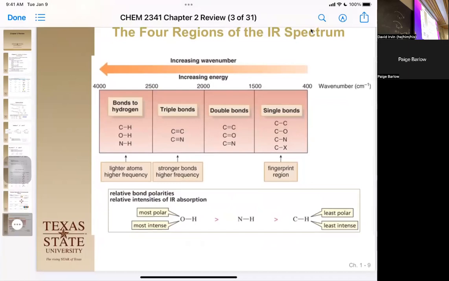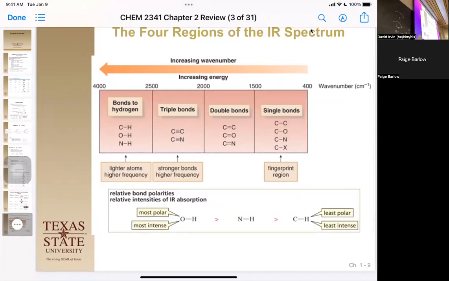Note that they have different places in that spectrum. Oxygen-hydrogen bonds, and nitrogen has one peak if it has one hydrogen on it, two peaks if it has two hydrogens on it, zero peaks if it has zero hydrogens on it. Then, of course, our triple bonds are next in the 2000 to 2500, the double bonds 1500 to 2000, and then our single bonds down here in the fingerprint region.